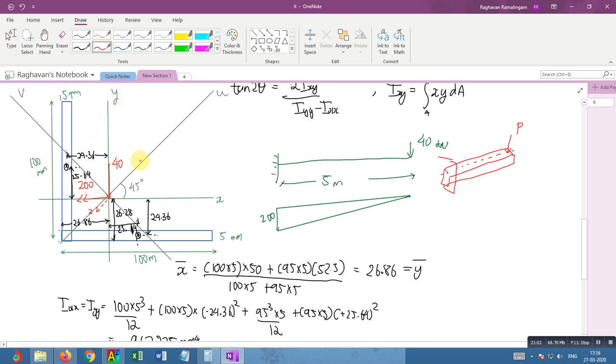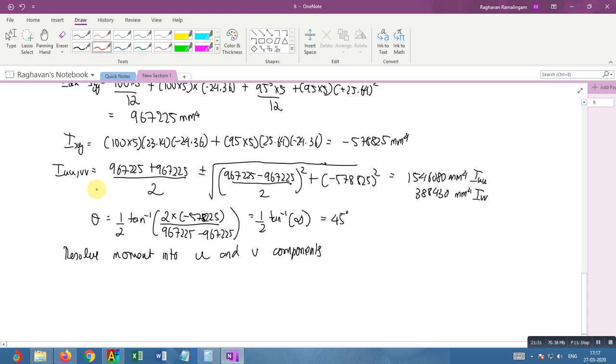So this is my u axis, so this will be my u component Mu, and this is my v axis, this will be my v component Mv. This is 45 degrees. So Mu is M cos 45, Mv is M sin 45.